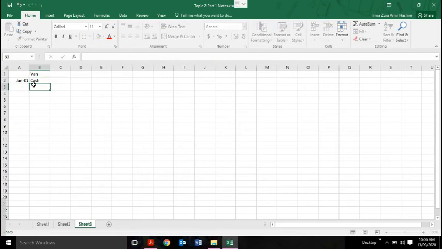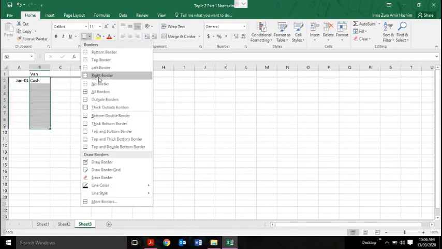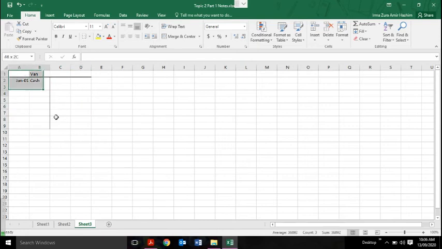This is on the debit side, and then this is the credit side. You should have the same for the cash account.